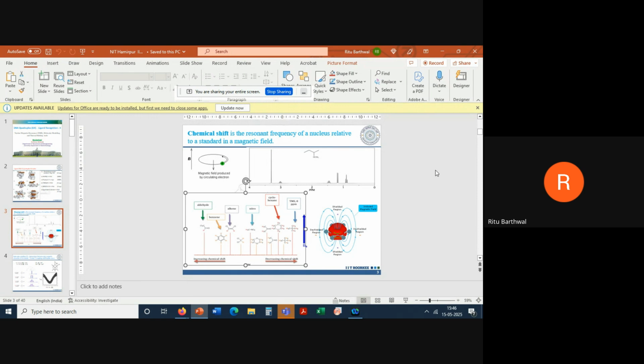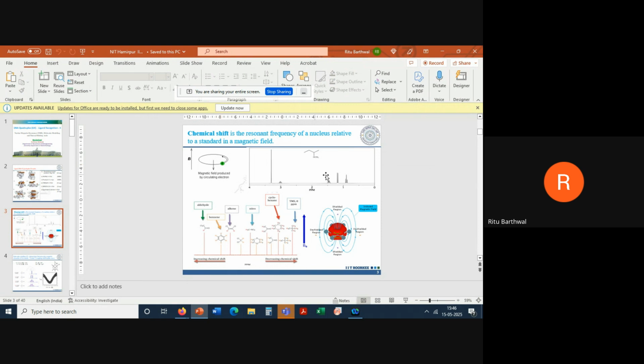But if I want to do my tuning and see it at 500 megahertz, I will have to supply extra field. So what the machines do is supply an extra field so that it resonates at 500 megahertz. And why extra field? This is because there is an electron which is aligned in a direction opposite to the external magnetic field.